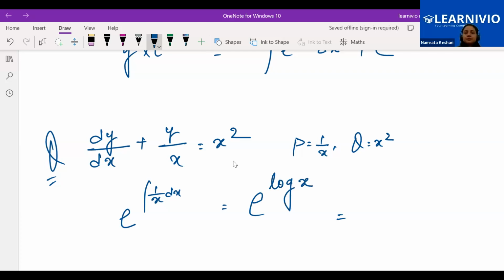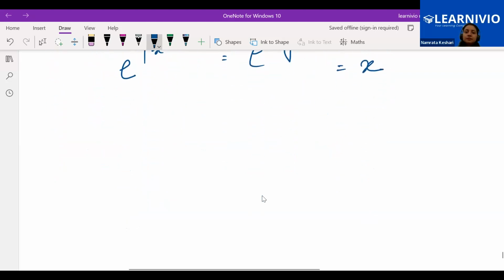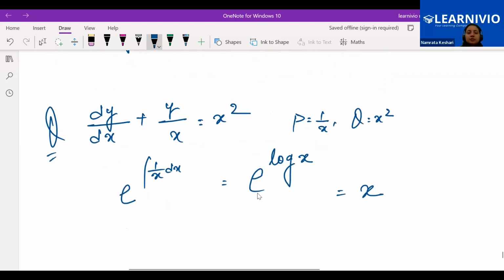Which will be e to the power log x, so it will be only x. And now you will be able to do, right? Yes, ma'am. Because after this it is very simple. You can check it. Y into x is equal to integral of x square into the integrating factor dx. Can you see the integration is simple? Yes, ma'am. Let's do the next.